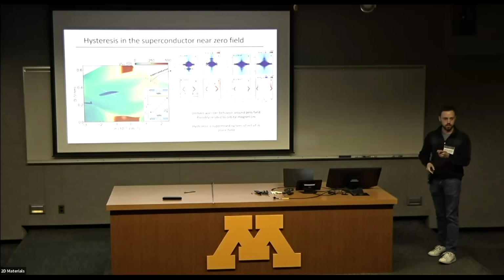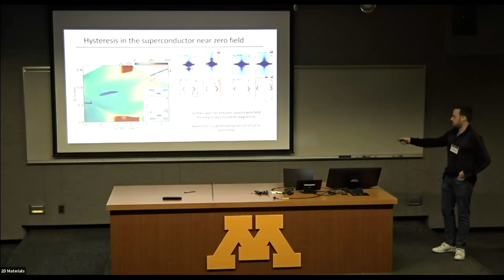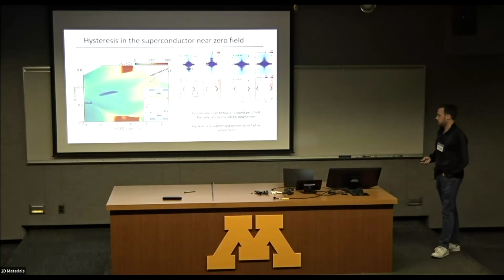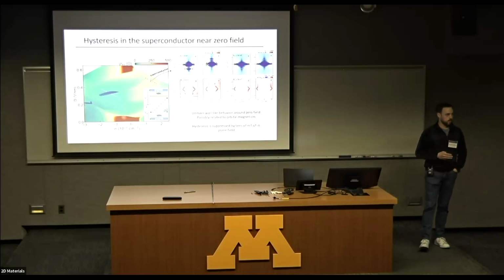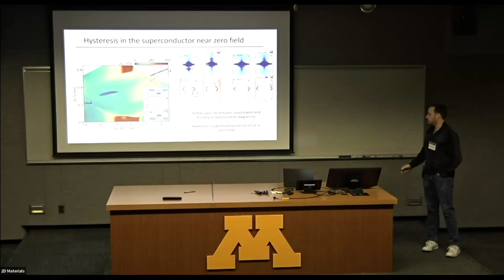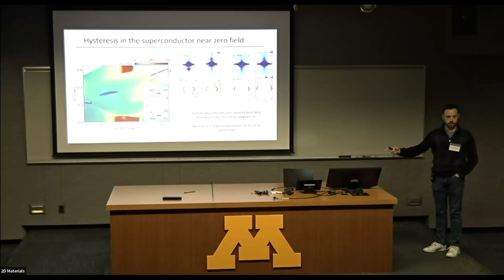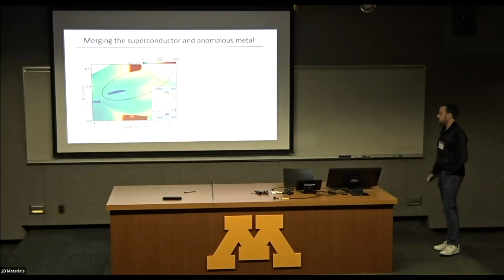And we can suppress that hysteresis by applying some tens of millitesla of in-plane field. So this seems to be related to some sort of domain wall behavior and possibly related to orbital magnetism, but we don't know yet. But we know that that hysteresis goes away with some small in-plane field, which will become relevant for what I'll say next.